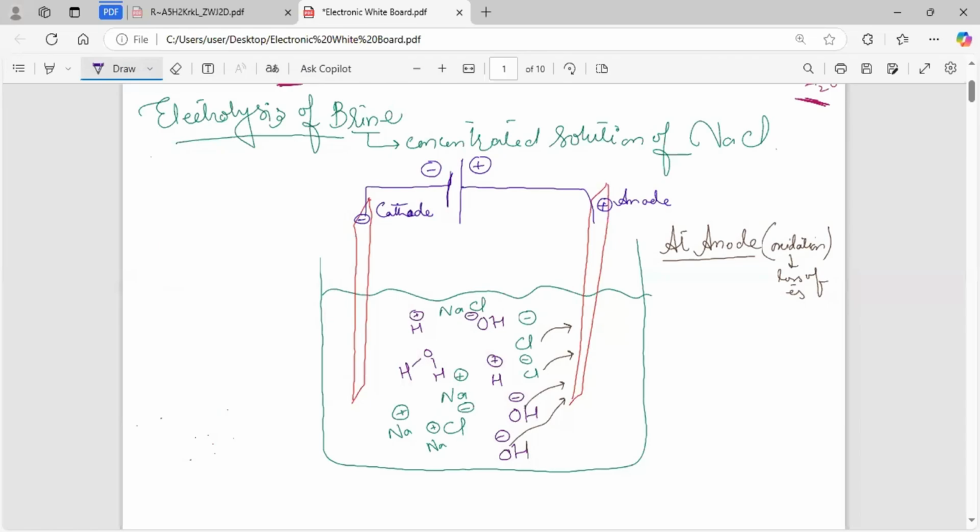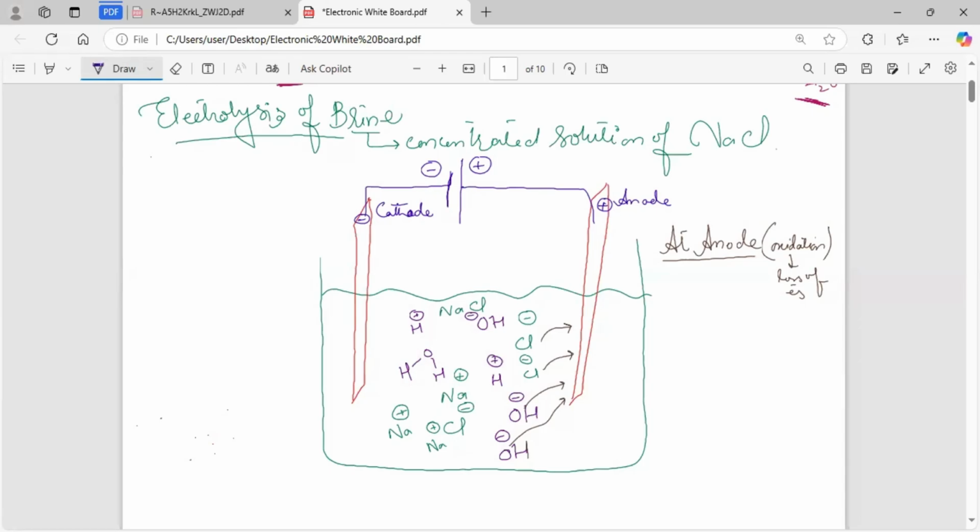Now, which one will win the competition? Either chlorine will oxidize or OH negative will oxidize. We will clear this question in our later topic. That is, whenever there is a comparison between a halogen ion and OH ion, then the halogen, in other words chlorine, will be oxidized first.